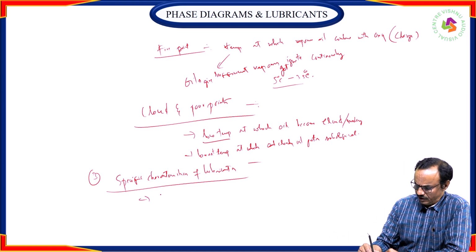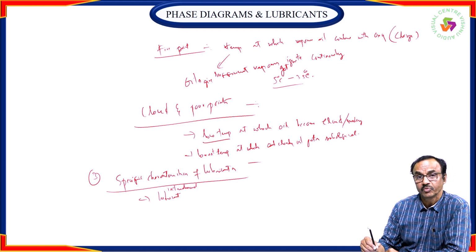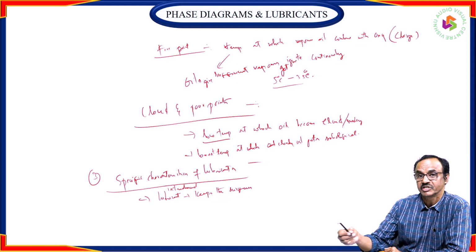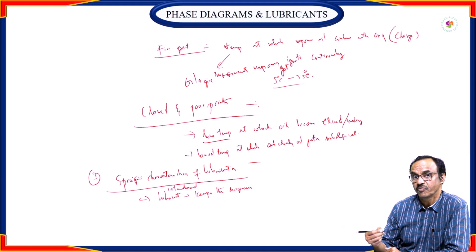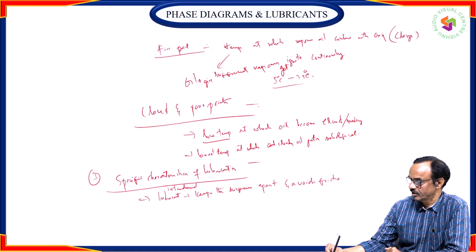When lubricant is introduced between moving, rotating surfaces, it keeps the metallic surfaces of moving, rotating, sliding surfaces apart and avoids frictional resistance.